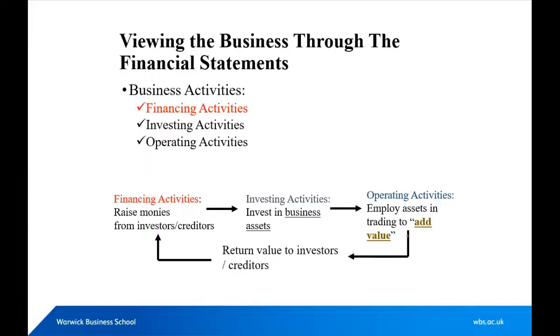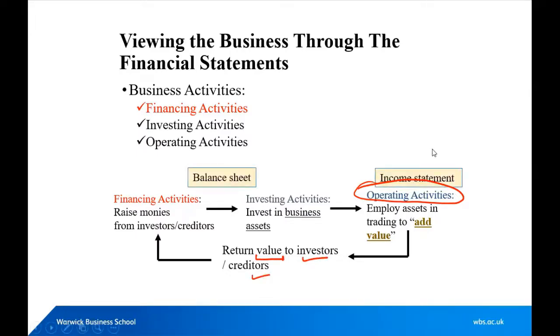And you see that by generating value from the operating activities, what company or managers do, the company returns value to the fund providers. It can be shareholders, it can be creditors. Okay. So we show the financing activities and investment activities in the balance sheet, and for operating activities, we rely on the income statement.